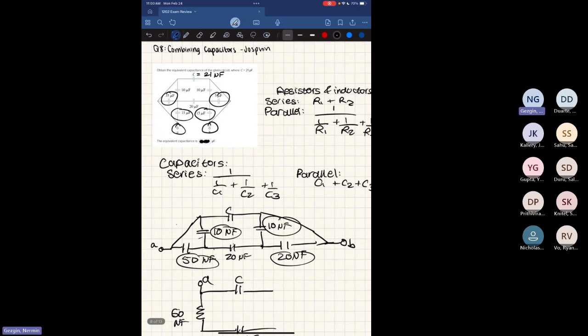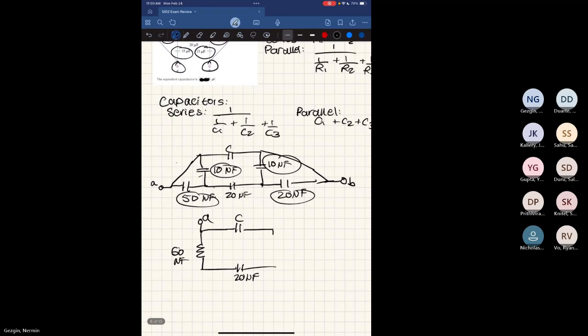And likewise, we add the 10 and 20. I drew this one more, and again, move that here.